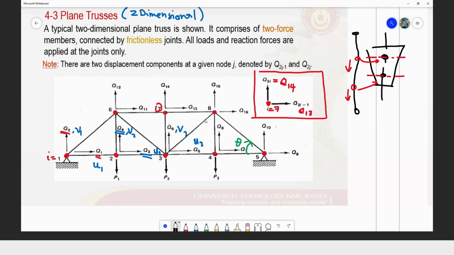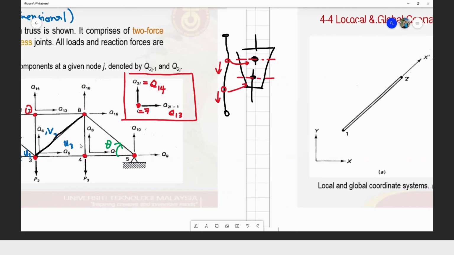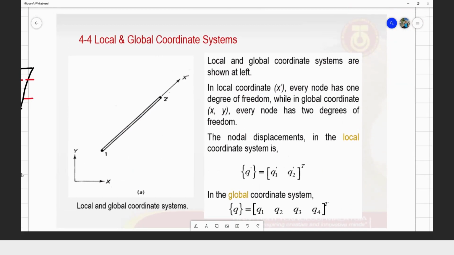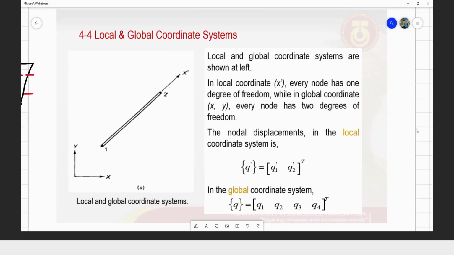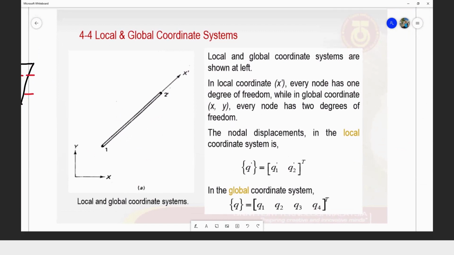So kalau saya ambil this element 38 kan, element 38 ni, and then saya besarkan dia, and then this is as shown in these figures lah. Tapi instead of saya pakai 38 tadi tu, kita just label dia 1, 2.